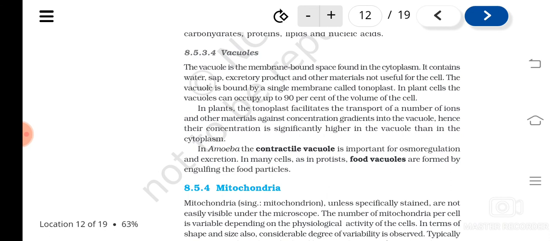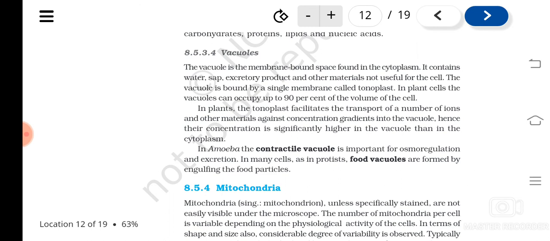In plants you can see a central large vacuole, isn't it? Up to 90 percent of the cell volume can be occupied by a vacuole. Understood? But in animals, how is it? They are small in size and more in number. But in plants the number is less and the size is large.